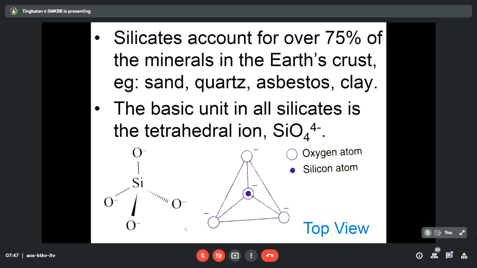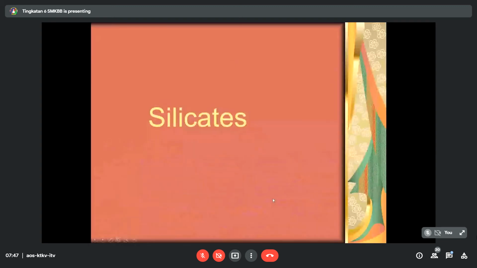When you study silicates, you need to know how to draw it. There are 4 oxygen, 1, 2, 3, 4, one on top, right in the middle, and then the Si is right below the oxygen. Okay, so that is silicates.